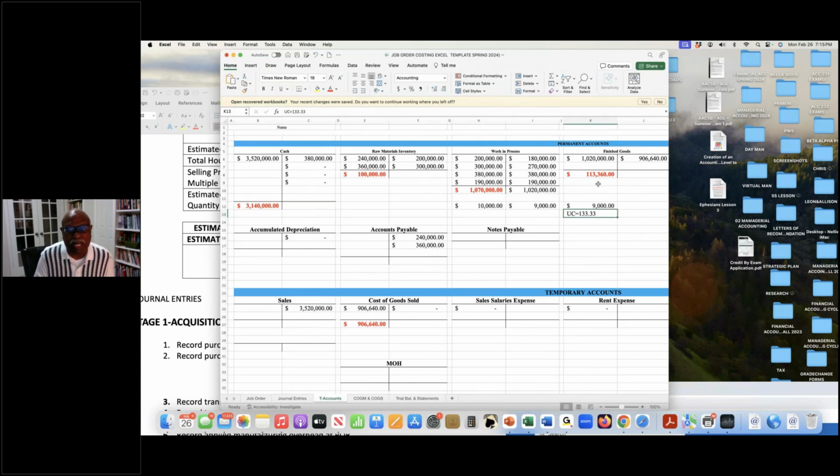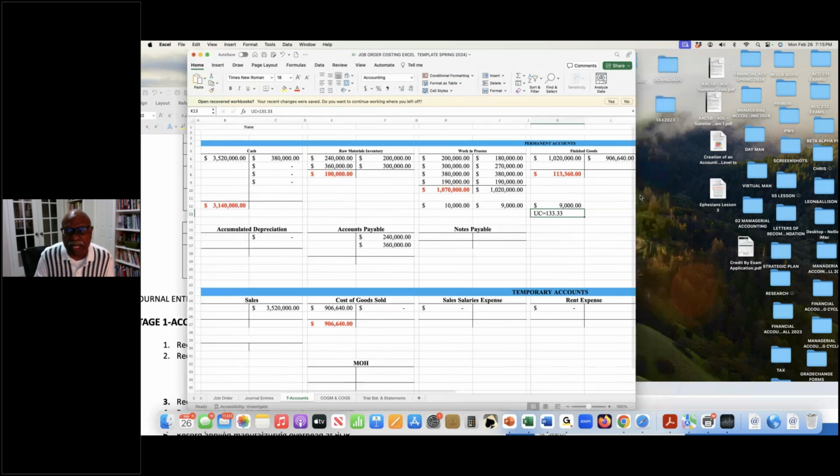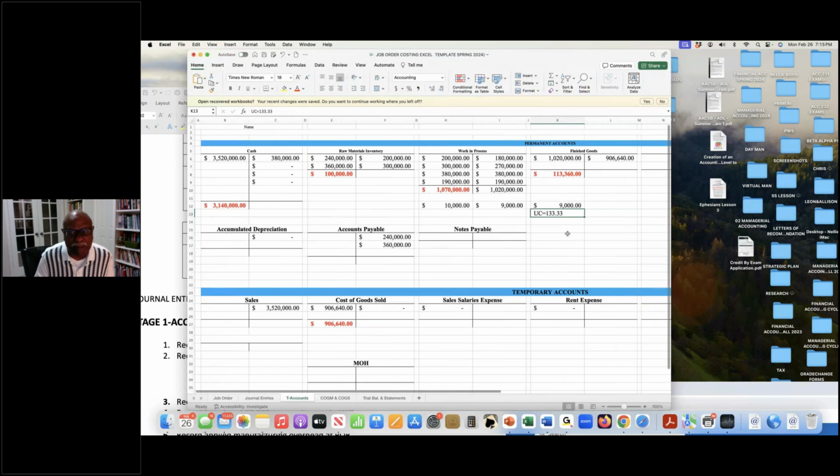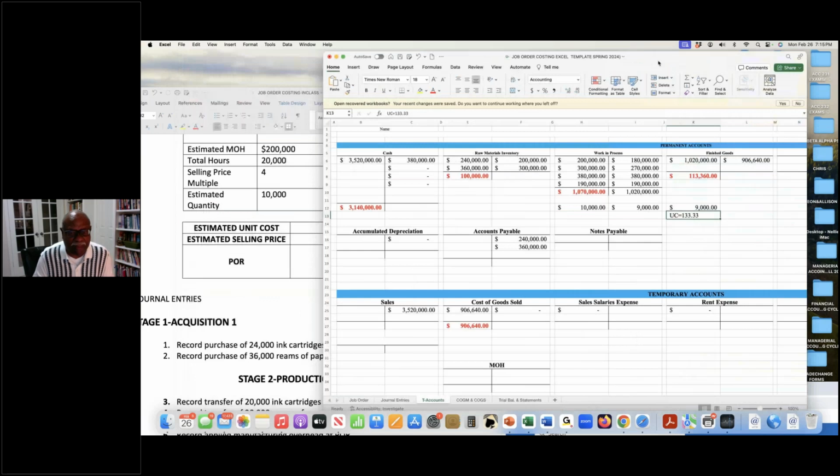It's making some calculations in the T accounts automatically because there are formulas in there, but you have to be careful to make sure they're correct. Everyone see that? We didn't have anything over here before we made the journal entry. Then when we make the journal entry, formulas can bring over what was in the journal entry. So Excel spreadsheets can cut down your work a whole lot, plus make it more accurate.